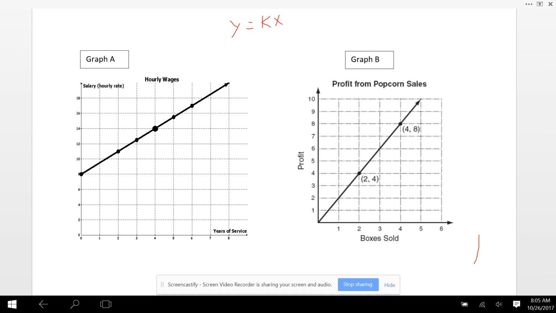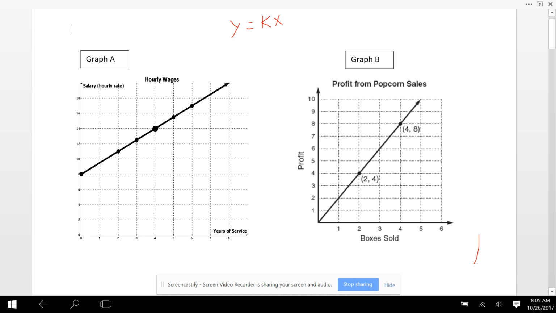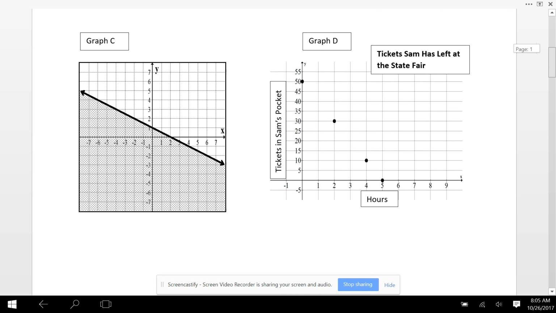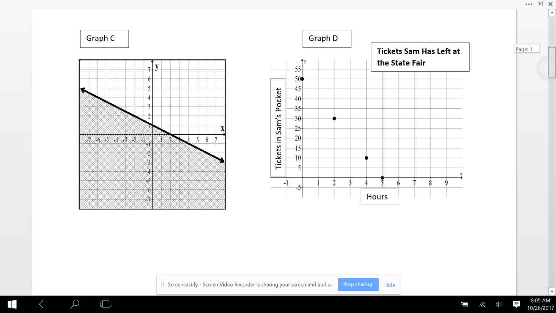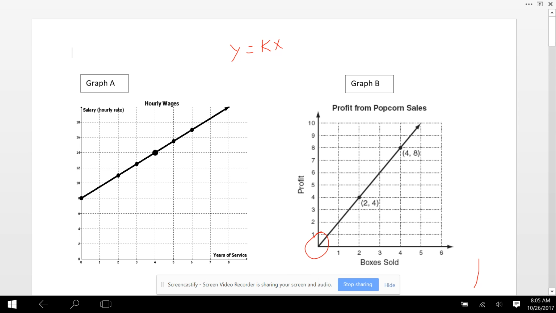So if y equals kx, we're going through the origin. This one for sure is graph B, because it goes through the origin. A does not, C does not, and D does not. So B is the only one that's a direct variation.